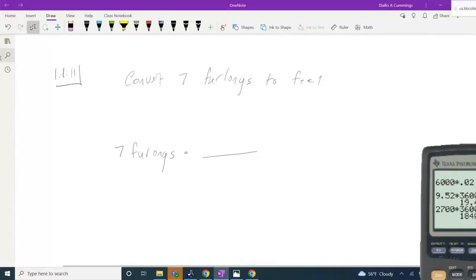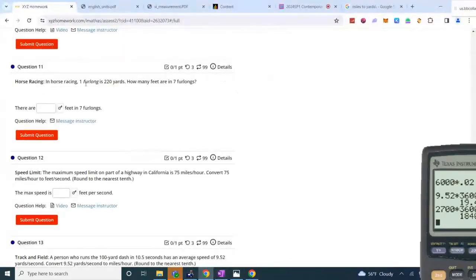So first, just by giving it conversion, we're going to convert furlongs to yards. Right, so it says that 1 furlong is 220 yards. And then we're going to convert yards to feet.